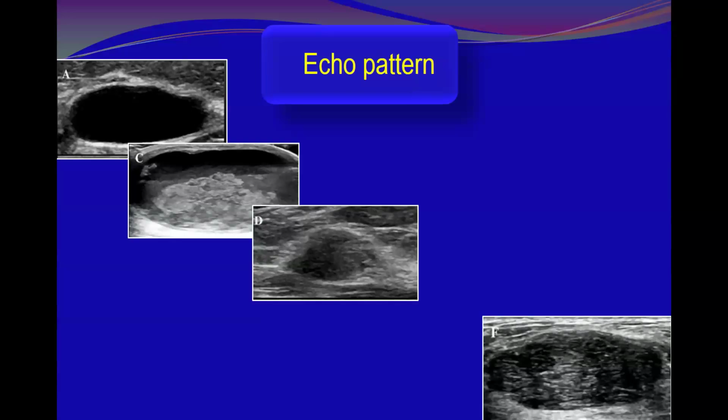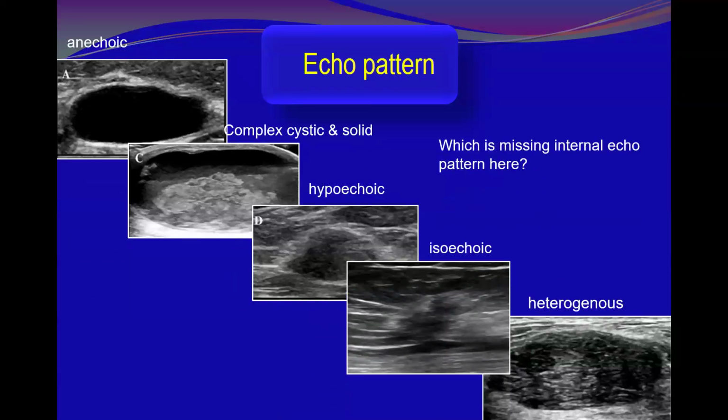More examples. Anechoic, excellent. Complex cystic, excellent, complex cystic solid. Heterogeneous. Hypoechoic. Heterogeneous. Yes, heterogeneous. And here is isoechoic. Which one is missing regarding the internal echo pattern?